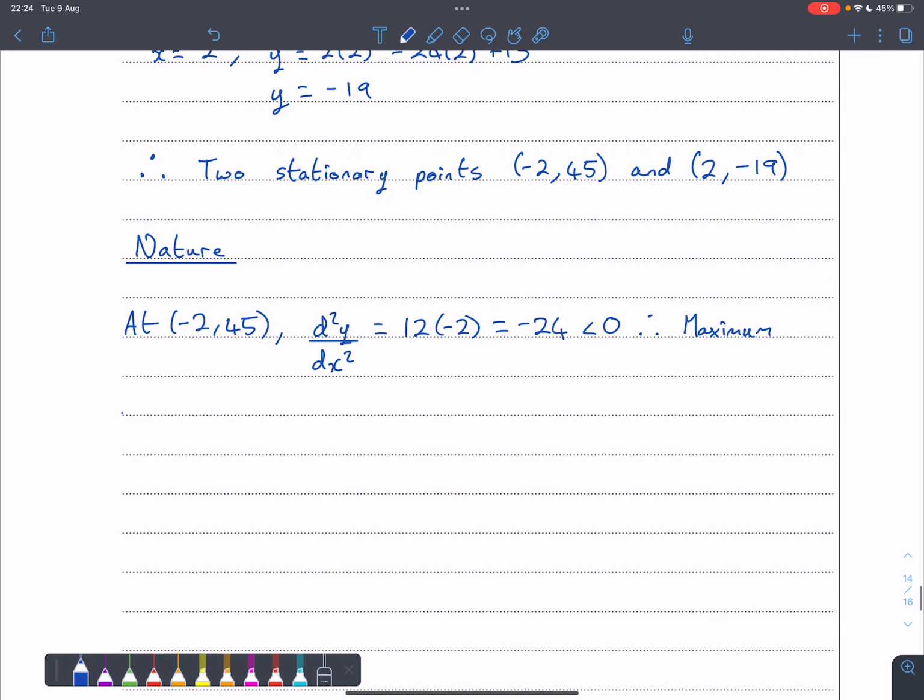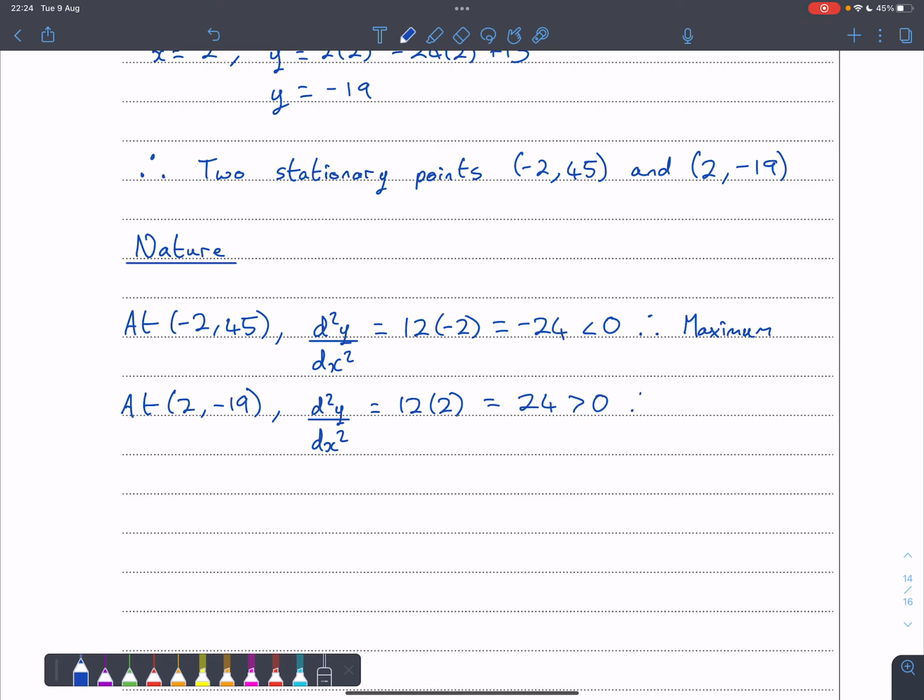If we take the other point, 2, negative 19, then the second derivative, d2y by dx squared, is going to be 12 lots of 2, which is 24, which is greater than 0.